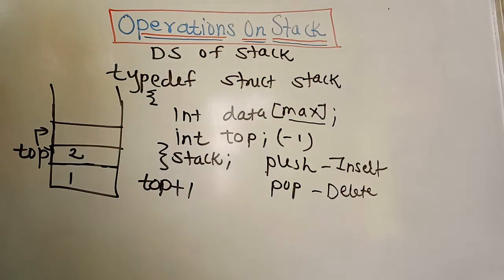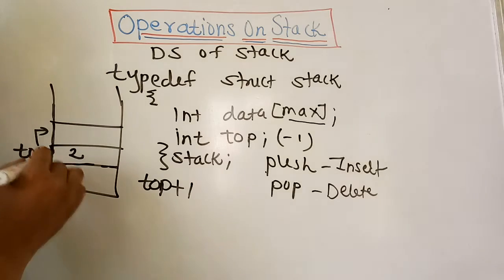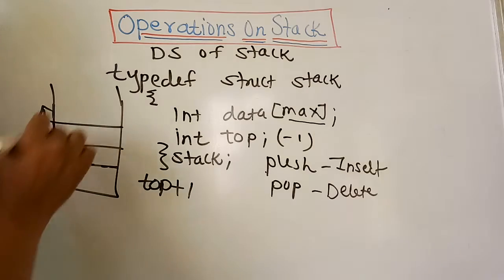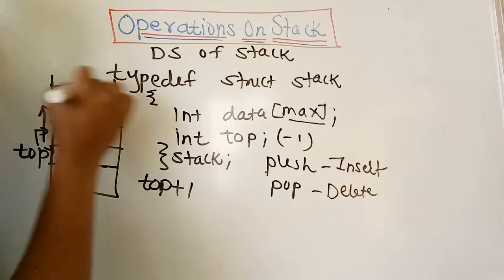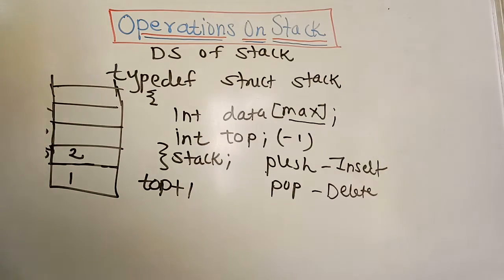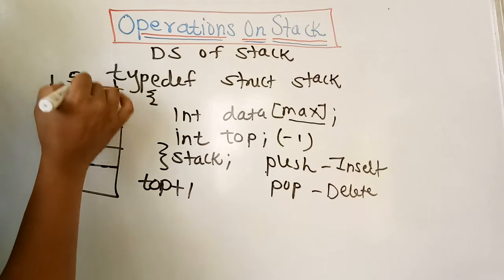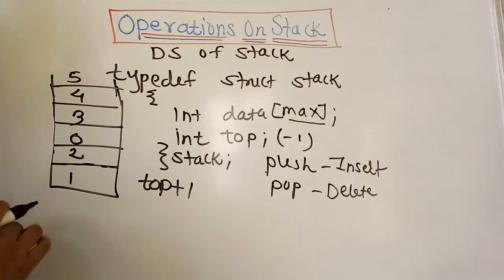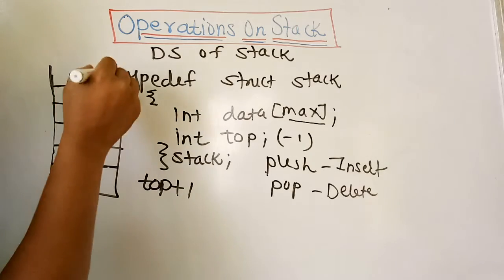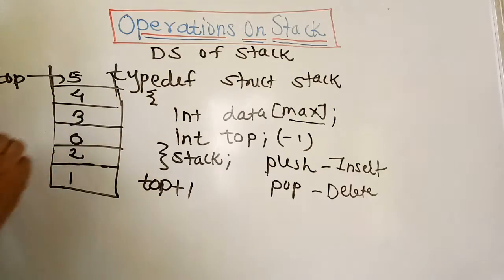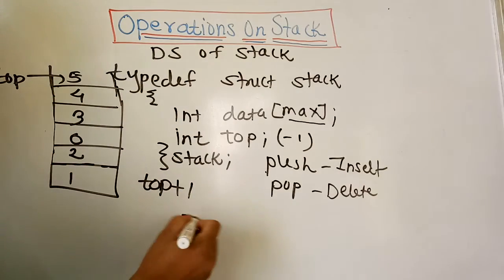In this case the stack is growing upward, but the pop operation is the reverse of the push operation. For example, there are some elements in the stack and you have to delete elements from the stack. In such a mechanism, first of all the top is pointing here, you will remove this from the position, meaning 5 is deleted.